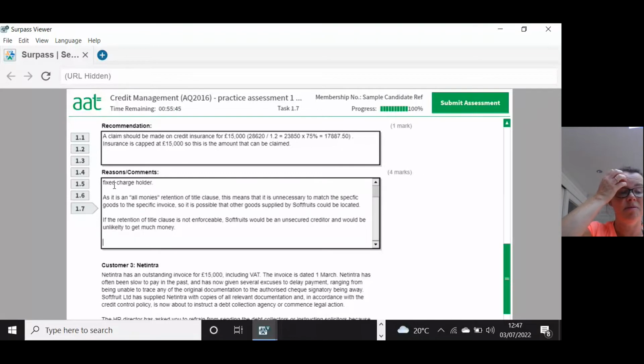And then I would probably stick in that once the debt is more than 6 months overdue, an amount of, I haven't calculated it in advance. Oh, wait a minute, they've done it here. It works out to be 4,770. The VAT can be reclaimed from HMRC, making sure I've got 4 specific points.